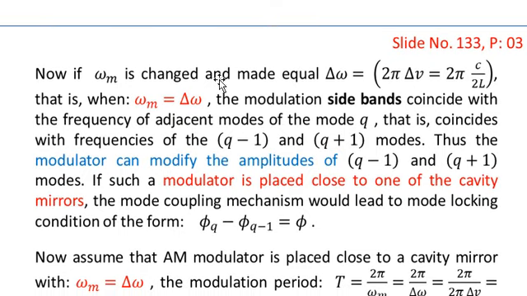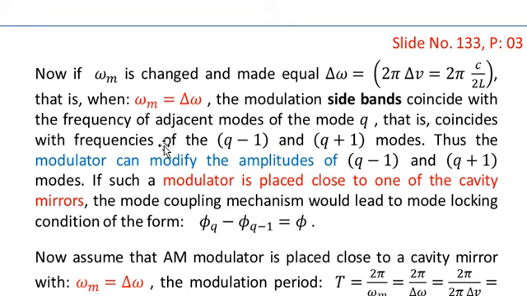Now, if omega m is changed by the modulator and made equal to delta omega, and delta omega can be written as 2 pi delta nu, which is equal to 2 pi into c over 2l, that is omega m is equal to delta omega, the modulation side bands coincide with the frequency of the adjacent modes of the mode q.